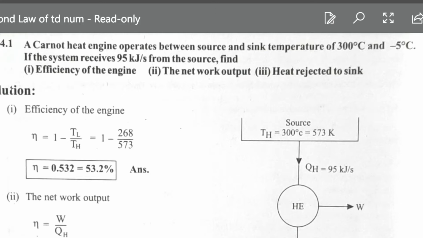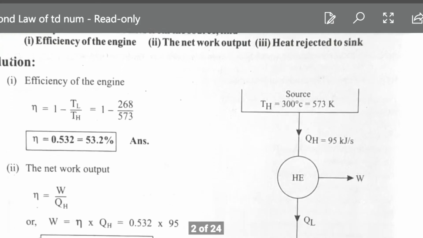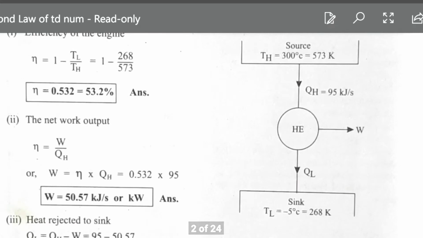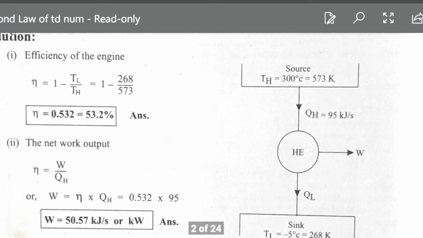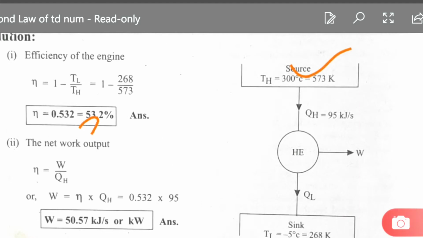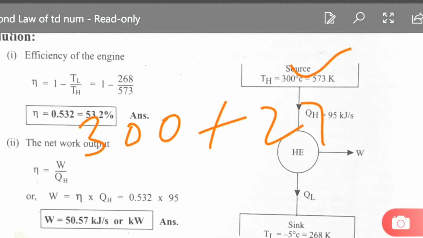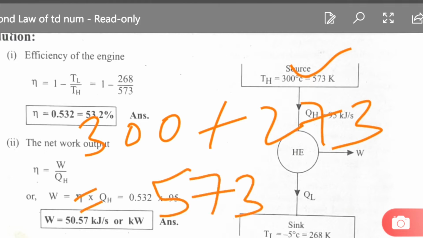Okay, so the given data is: source temperature is 300 degrees centigrade, and sink temperature is minus 5 degrees centigrade. We can see in the figure. The temperature is in degree centigrade, so we convert this into Kelvin. 300 plus 273 is equal to 573 Kelvin.